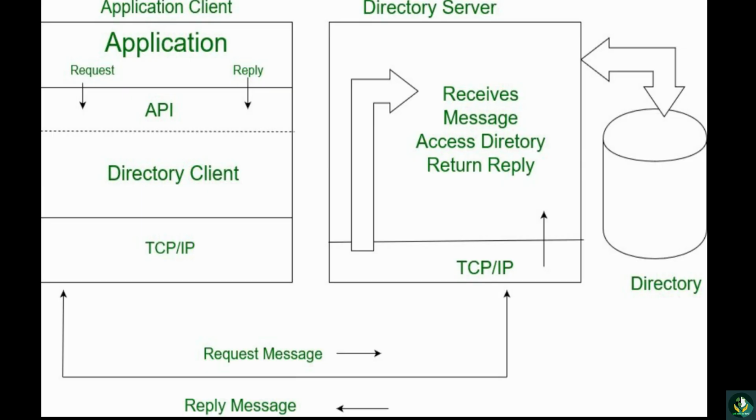The application sends a request and gets a reply, the directory client connects over TCP with the directory server. The application is the sender, the directory is the receiver, then you give what you want and the reply returns this information to the application client.